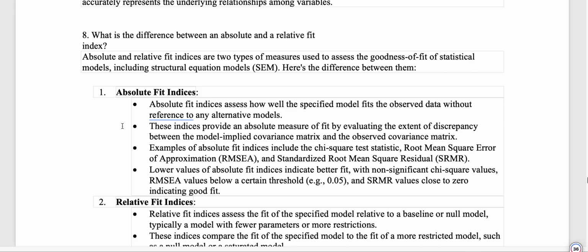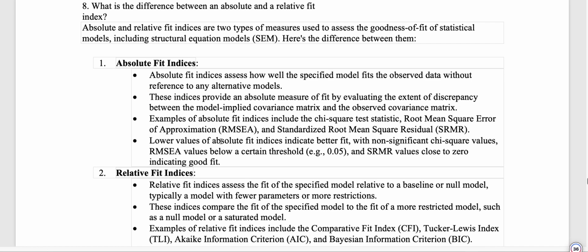Examples of absolute fit indices include the chi-square test statistic, Root Mean Square Error of Approximation, and Standardized Root Mean Square Residual. Lower values of absolute fit indices indicate better fit, with a non-significant chi-square value, RMSEA below a certain threshold, for example 0.05, and SRMR values close to 0.